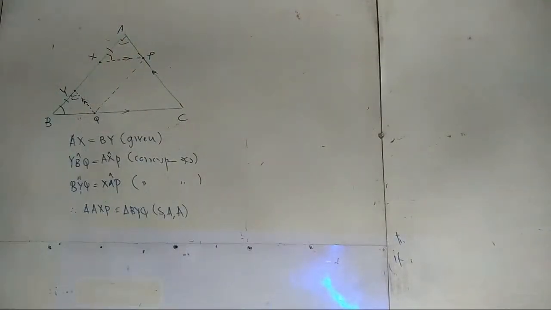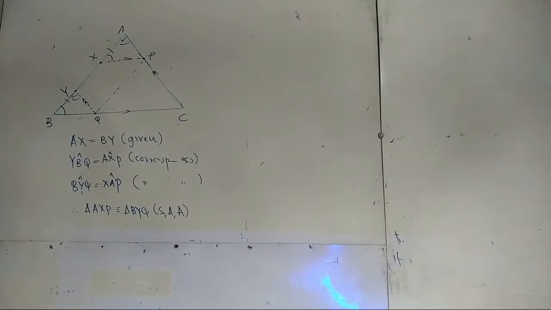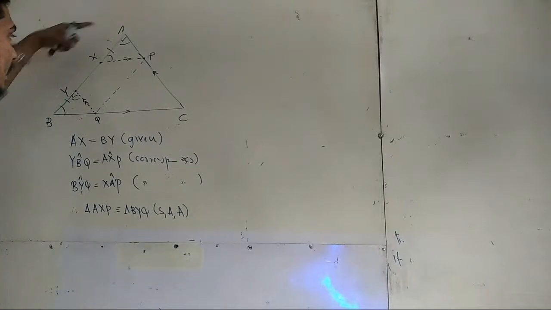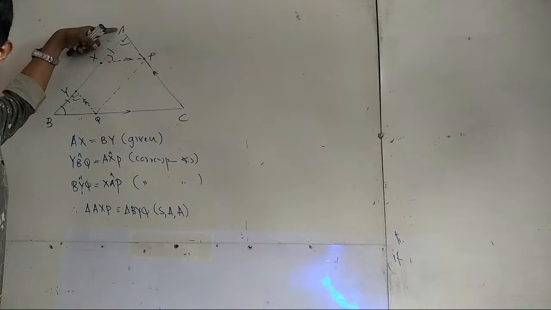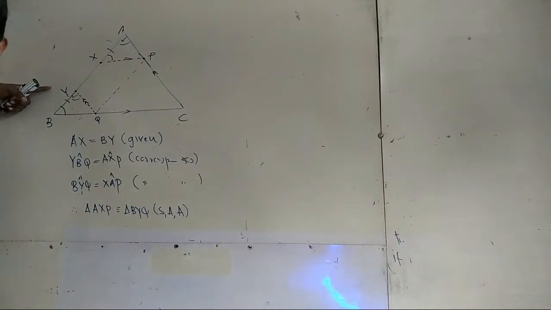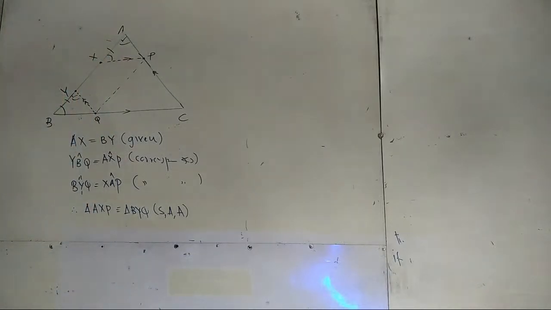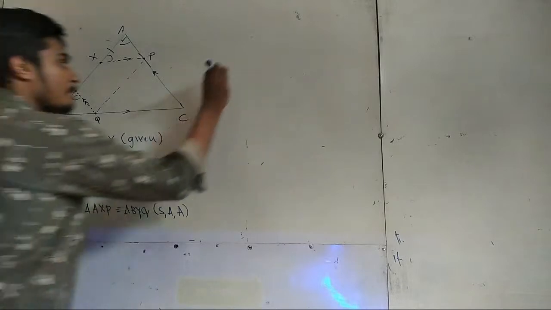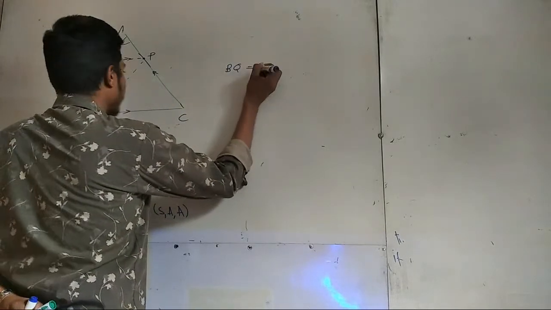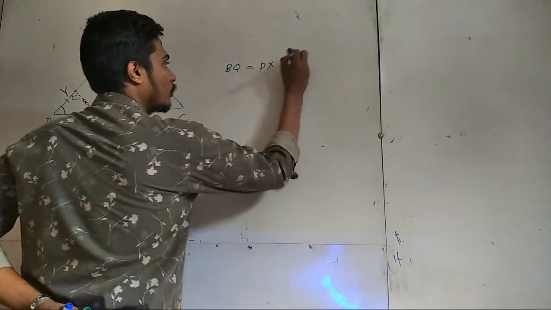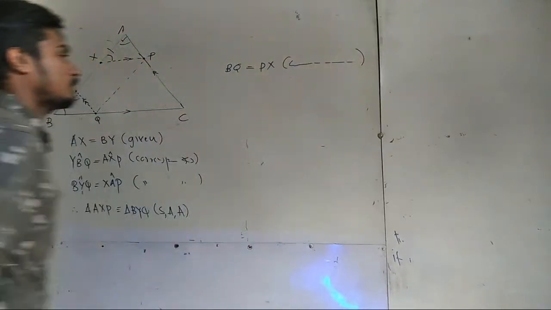In areas under rectilinear plane figures, if two triangles are equal and share a common base, the areas are equal only if they lie between the parallel lines. Very good. So now you can say BQ equal to XP, corresponding sides of congruent triangles.